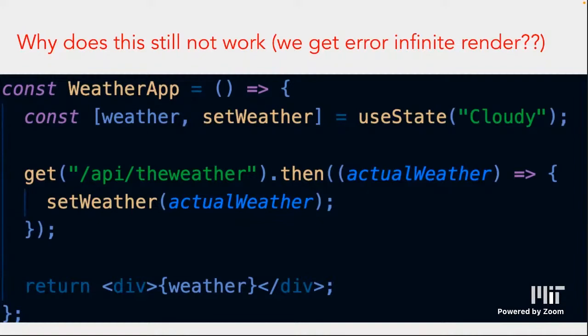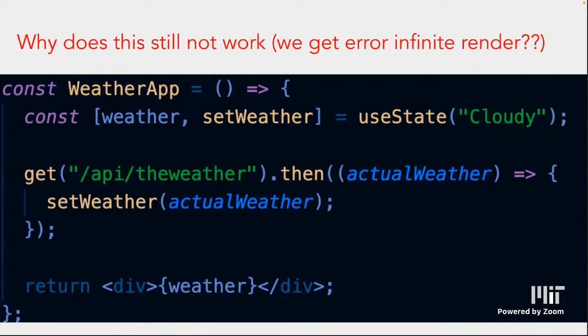Exactly. So the thing with React is whenever you change the state or the props, it's going to rerun everything because it needs to update the state and update the props. So it'll just rerun all the code of the component. So what happens is when you set the weather, it reruns everything again, including the get request.